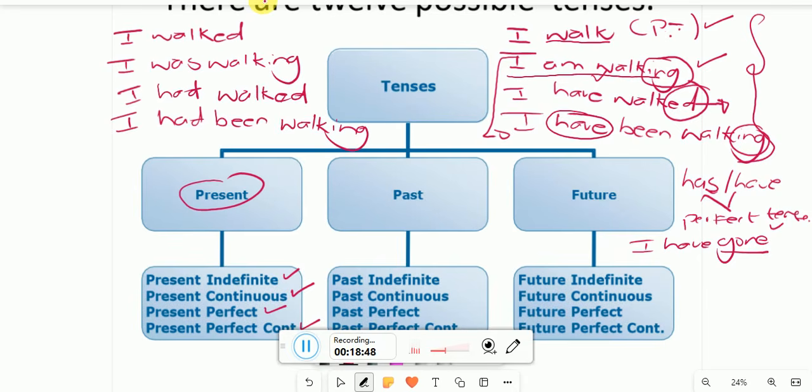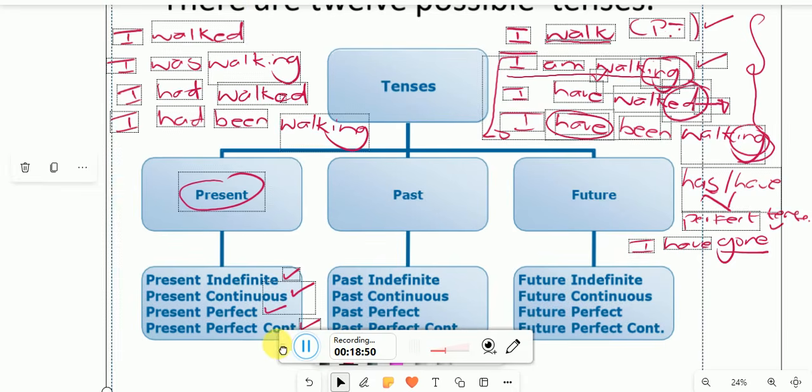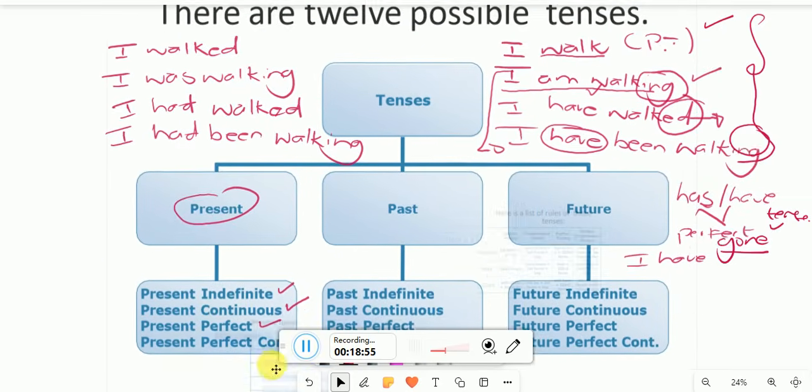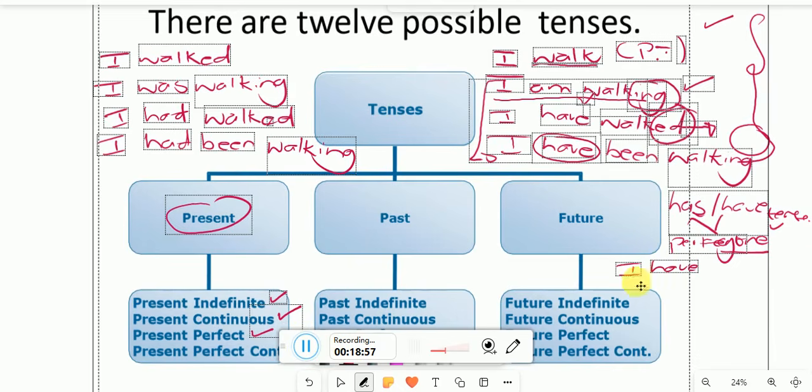Correct. Now let us look into the past perfect.